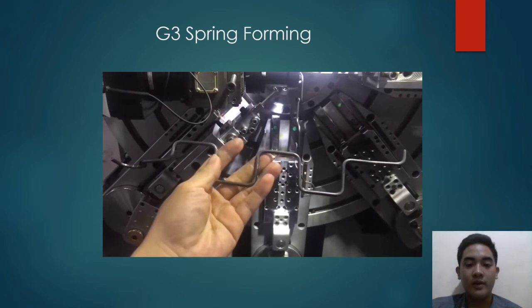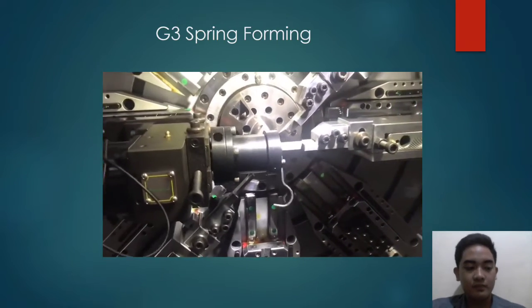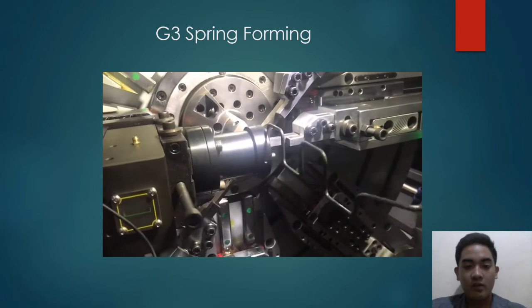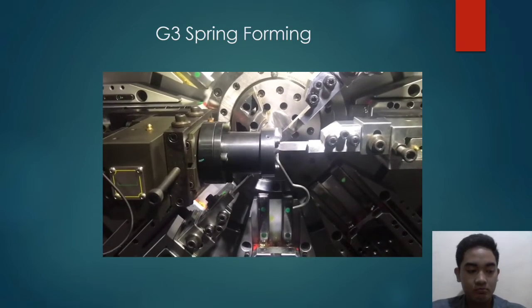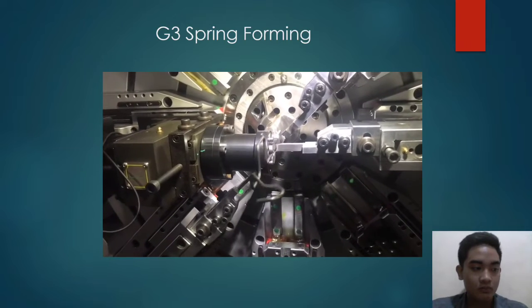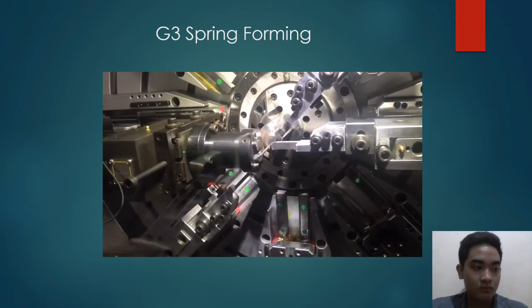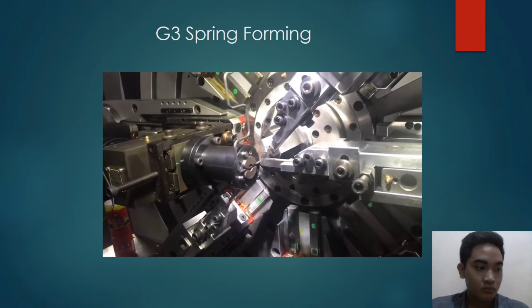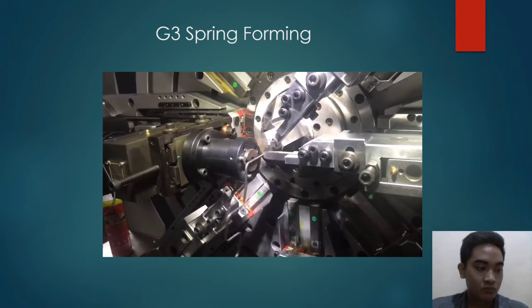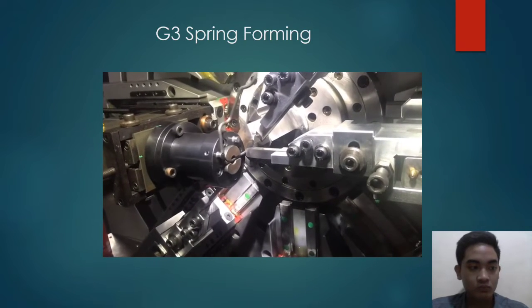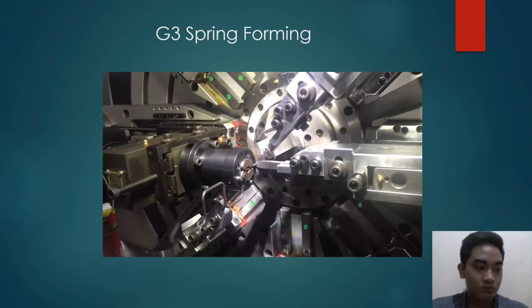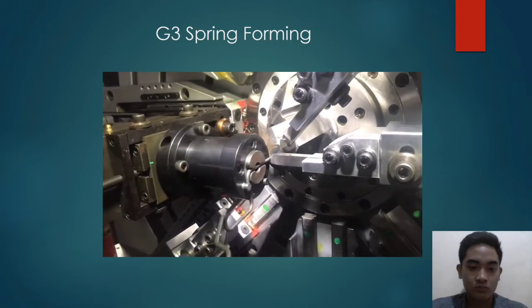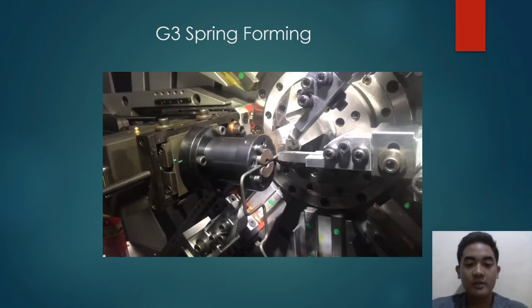Same as the bending process, or wire forming. This is an example of spring forming.